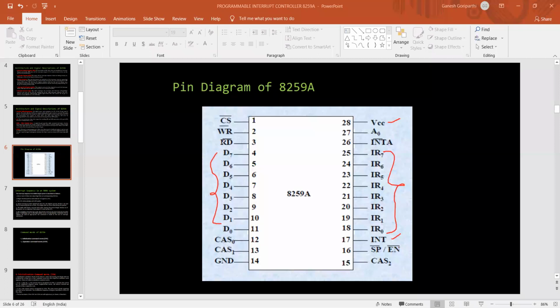These two pins perform the write operation and the read operation. This pin helps with chip selection, and this pin provides the ground to the entire chip. These pins are related to the data bus buffer, CAS0, CAS1.